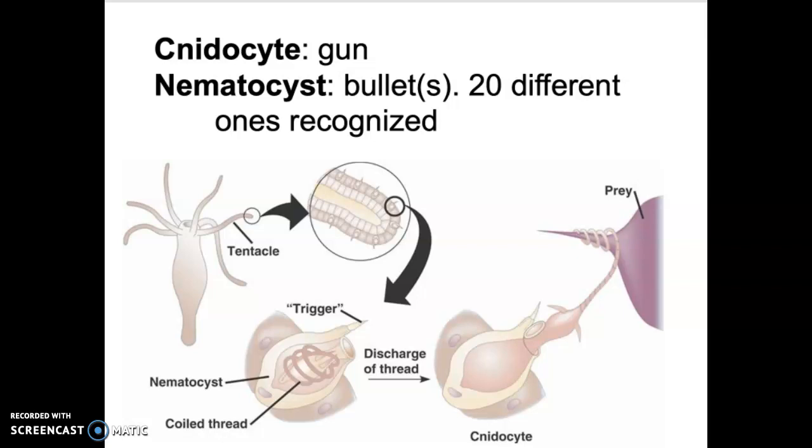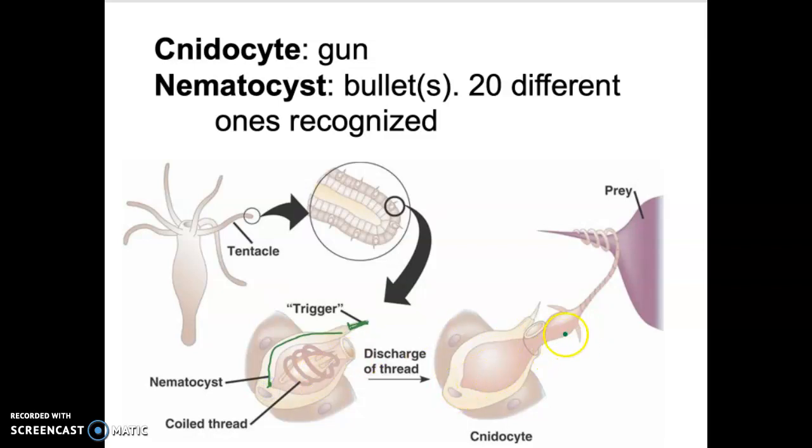So what will happen is all of these cnidarians have a cnidocyte, and they have a little trigger here. So that's our little trigger. It's like a gun trigger. When that trigger is touched, it sends the stimulus down, and that causes the nematocyst to discharge.